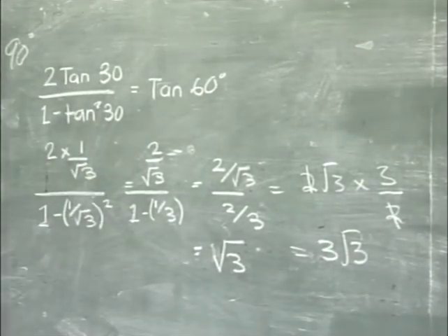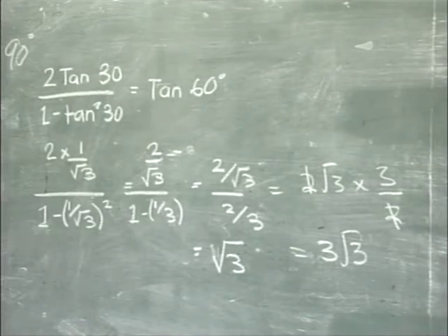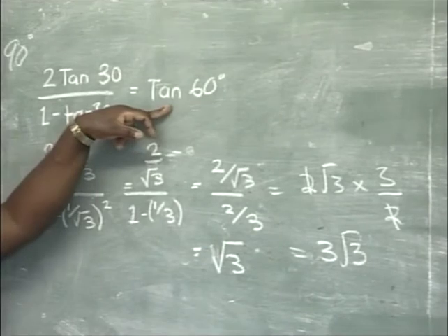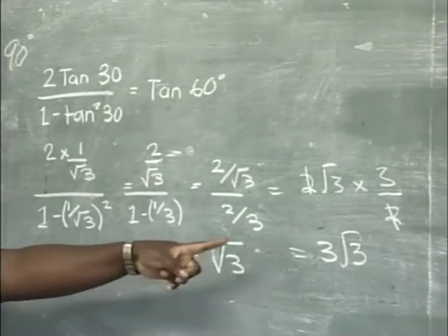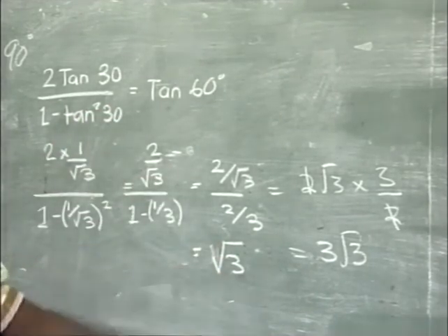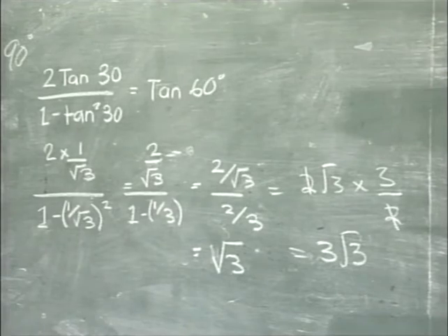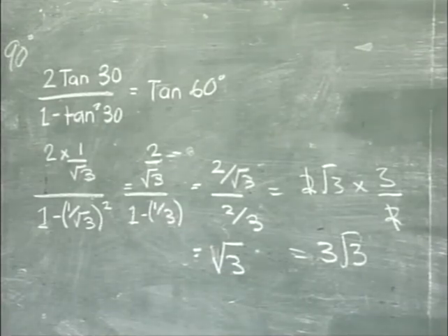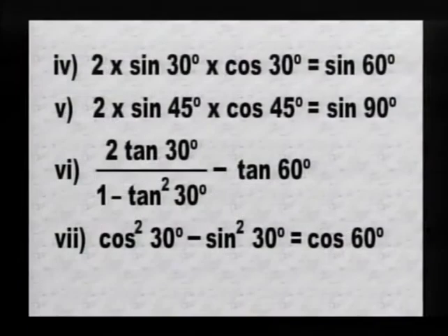Right? Okay. You are told that tan 60 is root 3. Okay, I want you to try and get the answer for that. I thought you were supposed to subtract tan 60. No, it's not equal to.